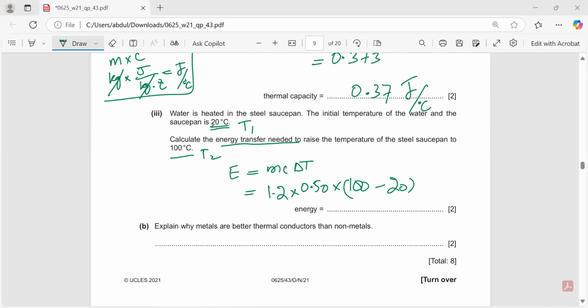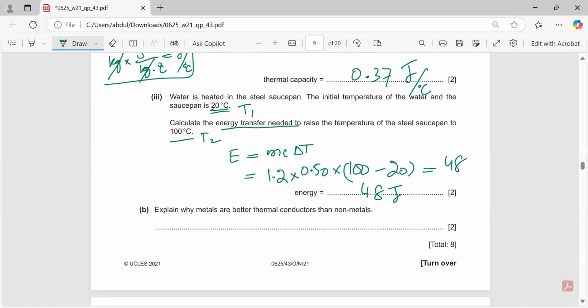So 1.2 times 0.5 times 80 is 48 joules. So energy equals 48 joules.